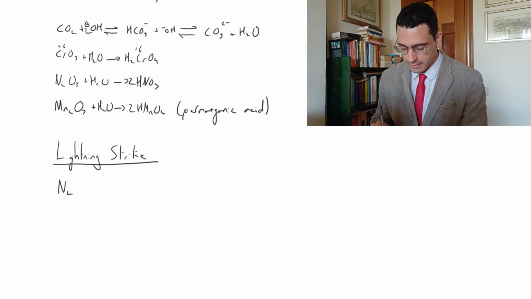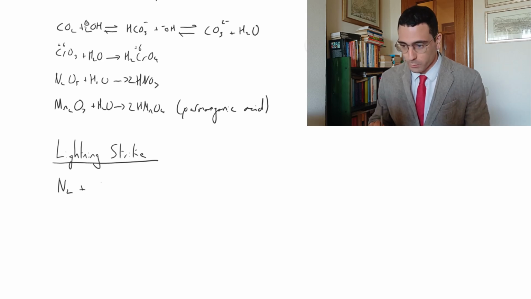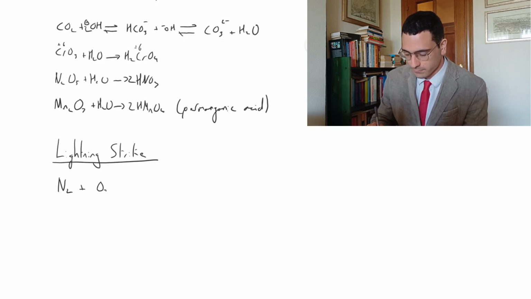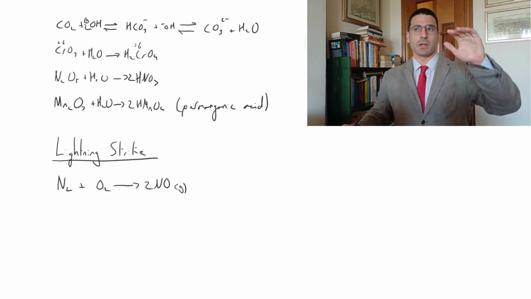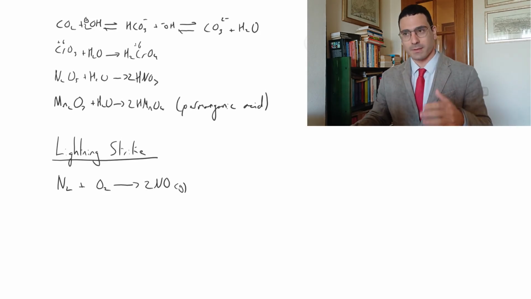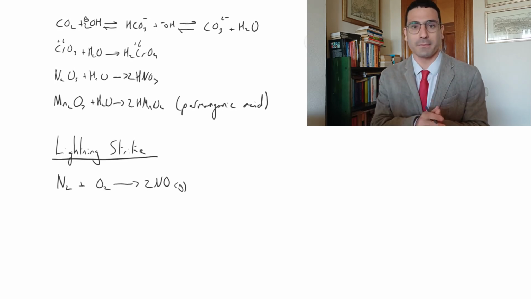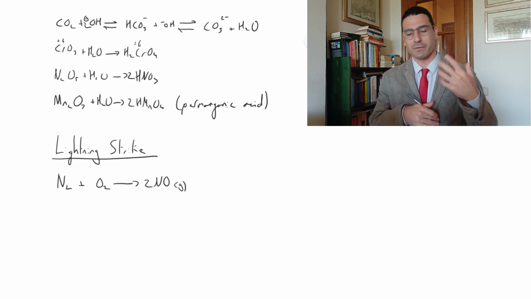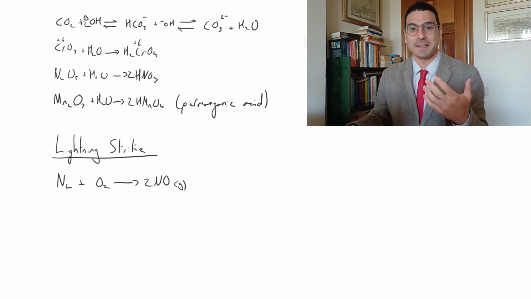So air is mostly nitrogen. It's about 70%, which is molecular nitrogen, so N2. And what can happen is you can react the nitrogen with oxygen to form nitrogen dioxide. Now, nitrogen and oxygen don't normally react together, and the proof that we have of this is that air is a mixture of nitrogen and oxygen, and therefore you don't see the reaction product in the air.